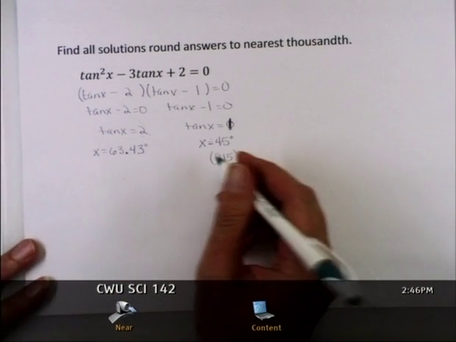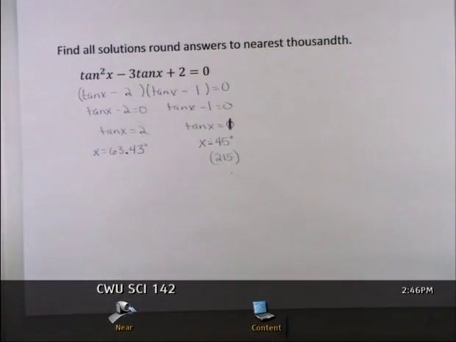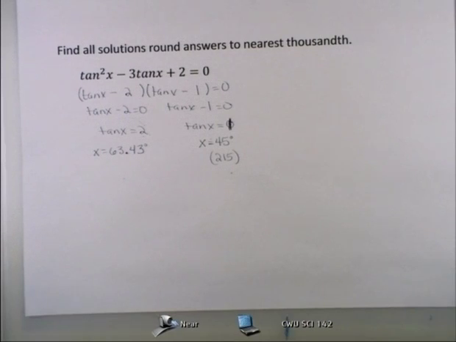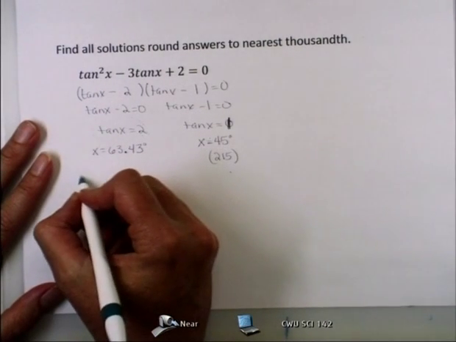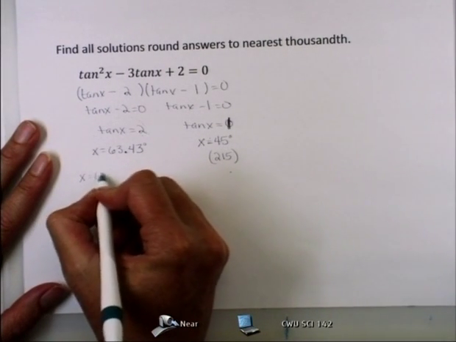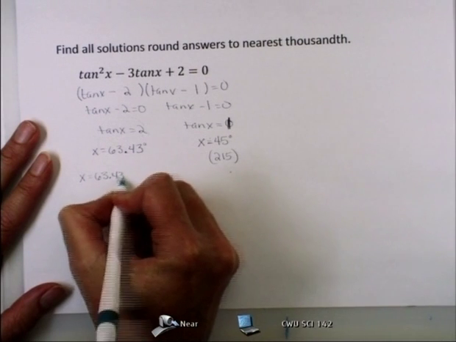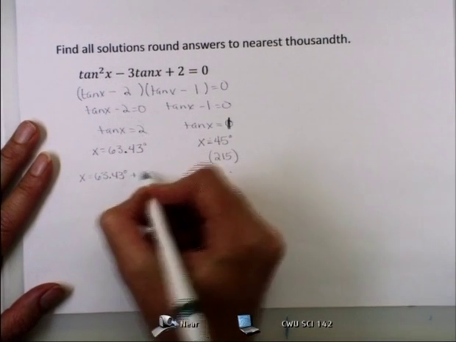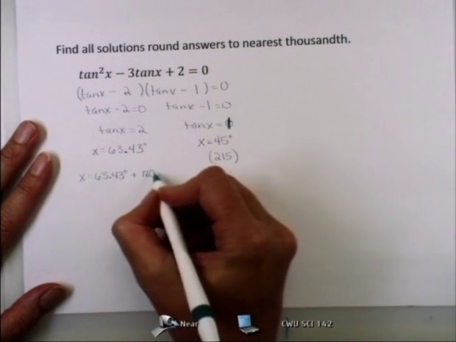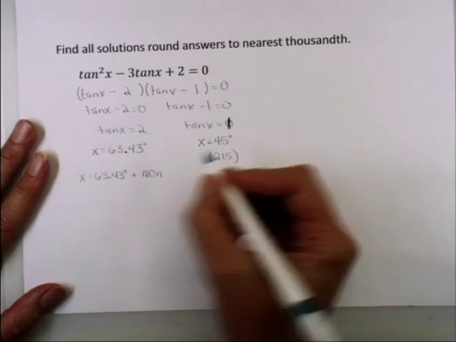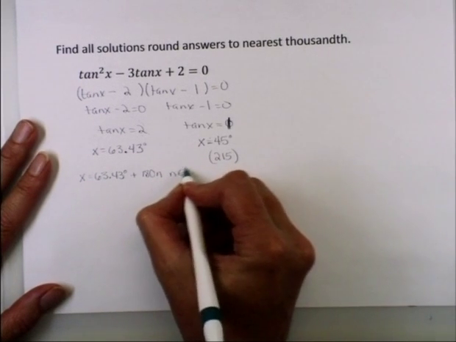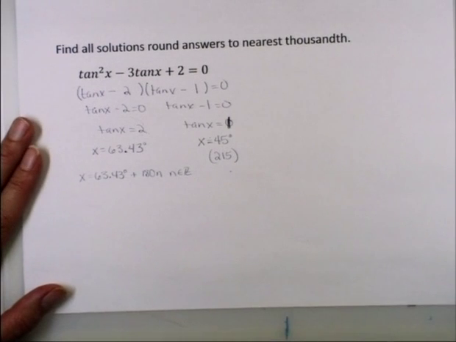Now, the tangent function, if you remember from a previous section, the period of a tangent is pi, not 2 pi. It repeats every 180 degrees, or pi radians. So on this one, to write all the solutions, I'm going to say 63.43 degrees plus 180 degrees times some number n, as long as n is an integer.